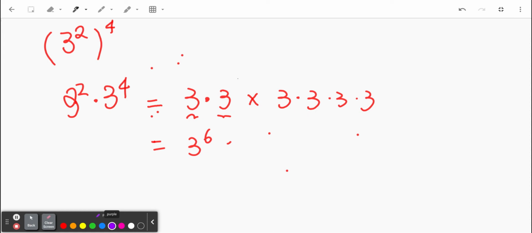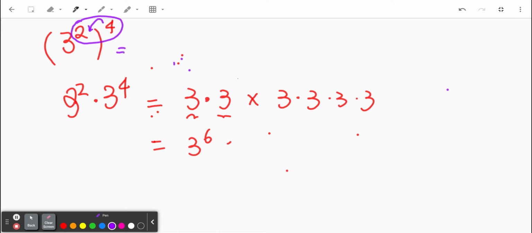That's what we call the power of a power. So we have both exponents. It's an exponent on top of an exponent. What does that mean? If you expand it, remember, if you have the exponent, that means you have the same thing multiplied, right?